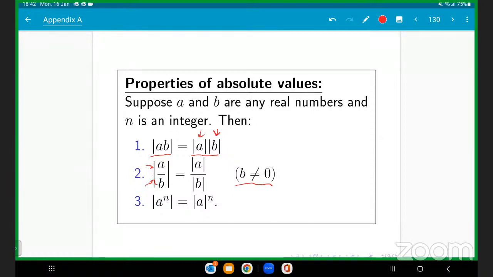And thirdly, if you have a to the power n, and you then take its absolute value, you can take out n from the absolute value. You can first take the absolute value of a and then raise it to the power n. I think these rules are not too difficult to understand. They are obvious and they should be obvious. If they were not true, then we would have cause to worry.